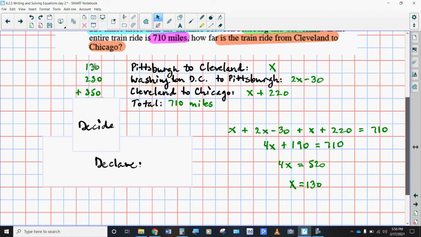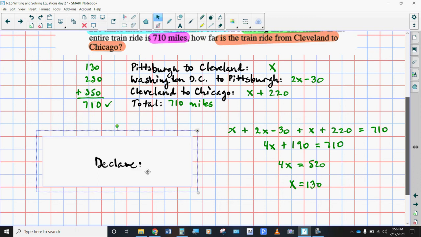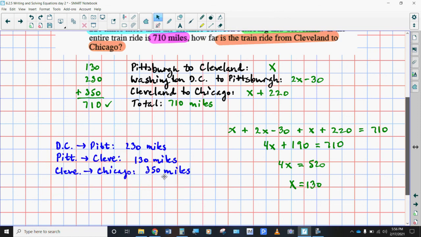When you add those together, what do you get? 130 plus 230 is 360, and 360 plus 350 is 710. We've got everything correct. Now we can go ahead and declare our answer. The train ride from Cleveland to Chicago must be this number right there. It is 350 miles, so we will declare that as our answer.